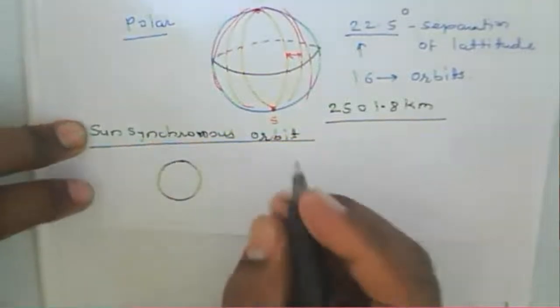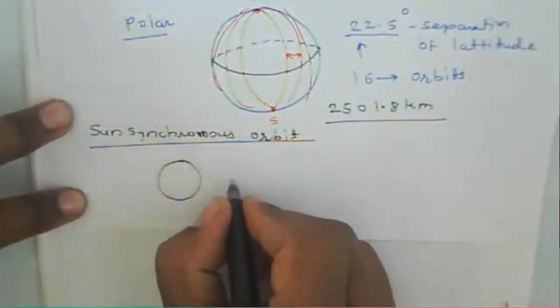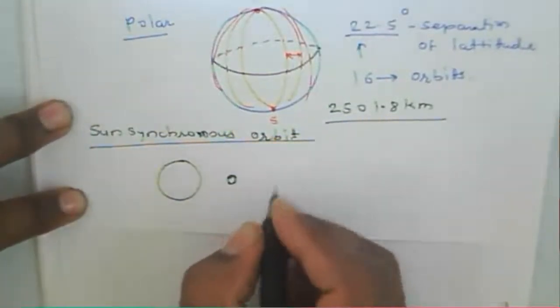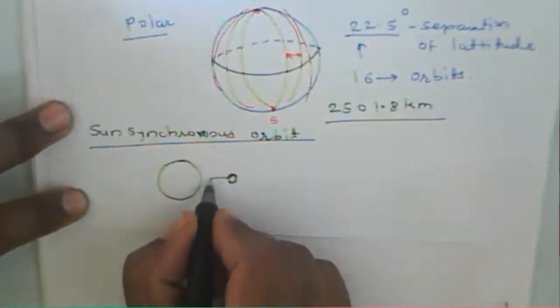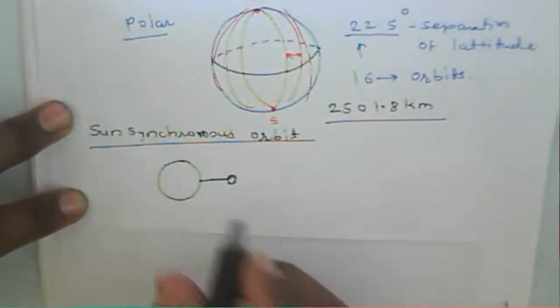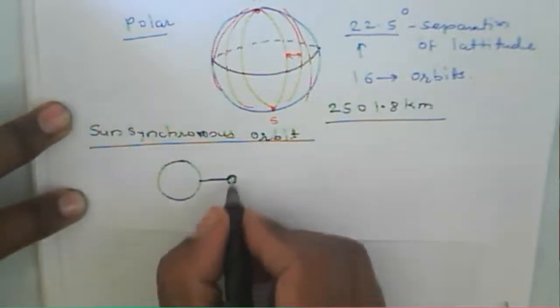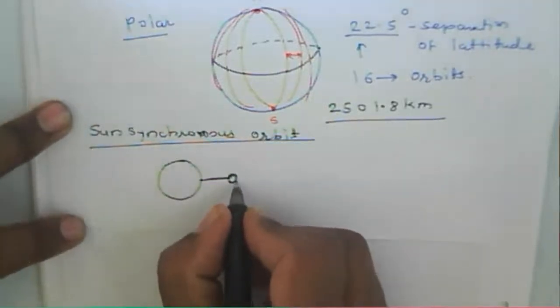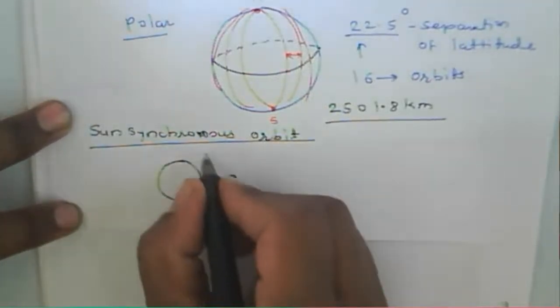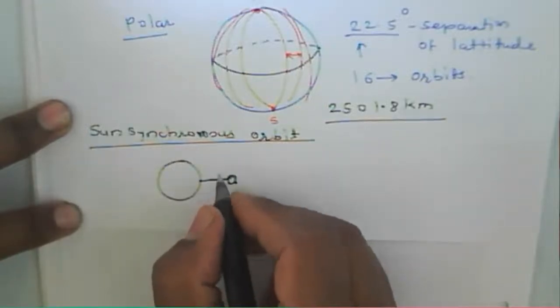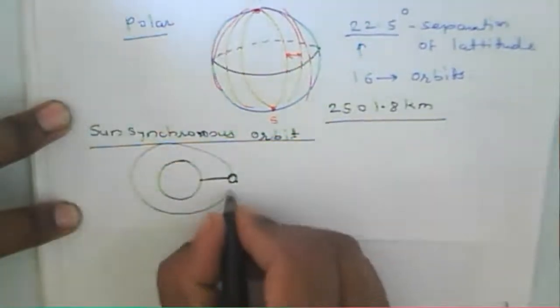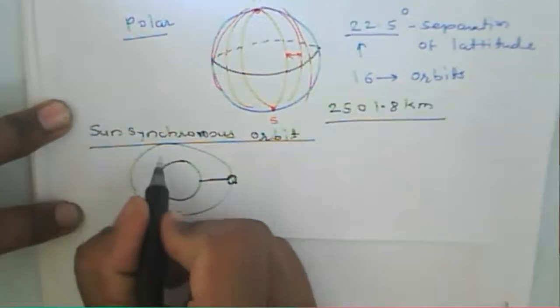Suppose this one is the Earth, and here we have a satellite point, and this one is the observer point. Now the satellite will rotate and come again to this particular point, which means it is nothing but a circular orbit.